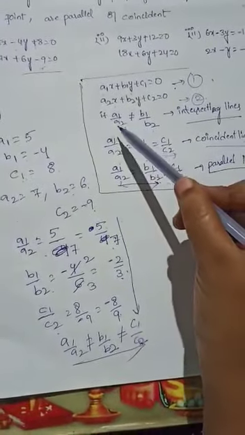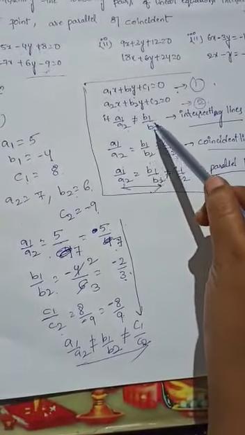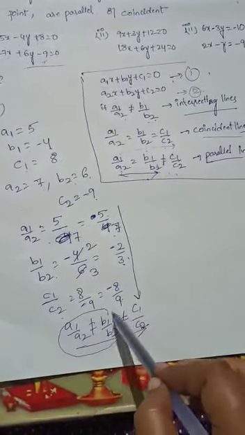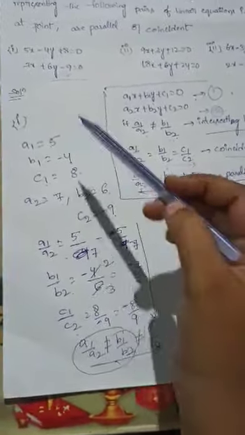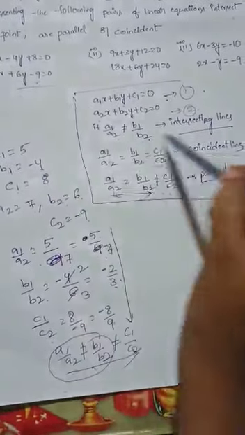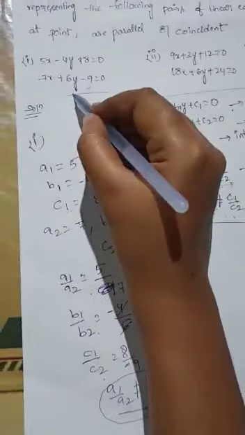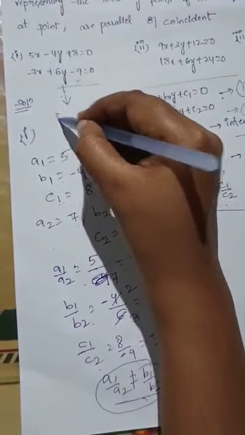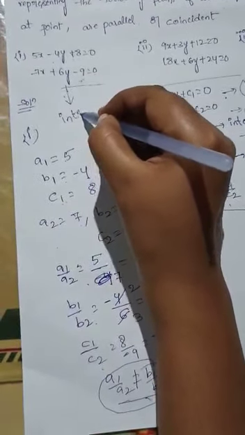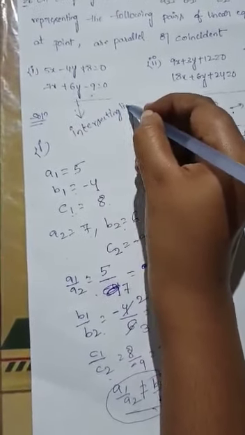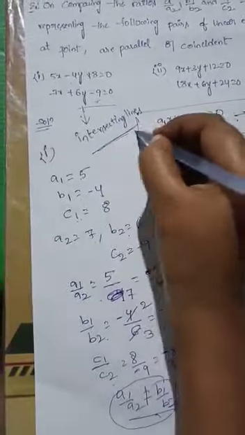See this relation: if a1 by a2 is not equal to b1 by b2, then these two equations are intersecting at a point. They are intersecting lines, and for intersecting lines we have a unique solution.